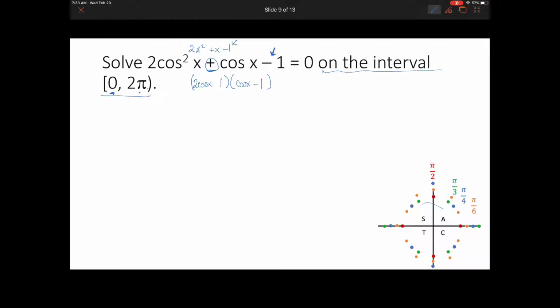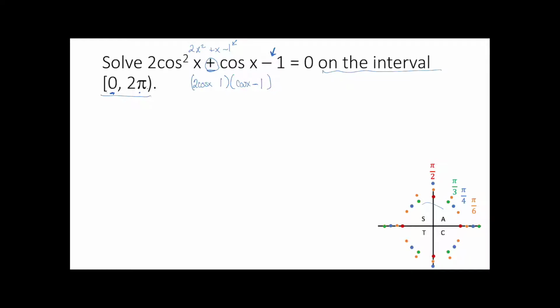So if we would put a negative here, we would have a negative 2 cosine of x and a positive 1 cosine of x, and that would give us a negative in the middle. So it's kind of a guess and check. We're going to try it this way. If we mentally FOIL this out now, a positive 2 cosine x times a positive 1 gets me 2 cosine x. A negative cosine x is added to it to give me a positive cosine x, and then a negative 1 times 1 is a negative 1. So we have our 2 factors.